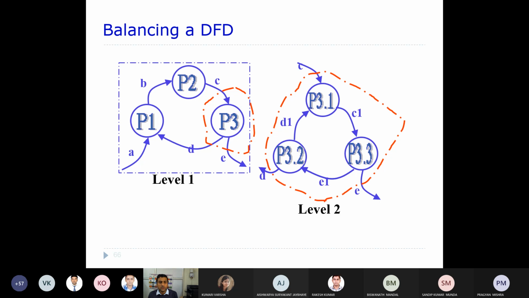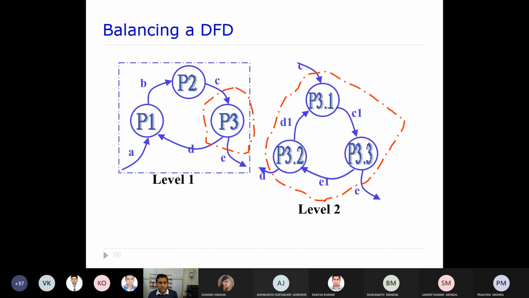So this is exactly what we try to do. Let's say in level 1, these are the 3 processings. Processing P1 takes input A, processing P2 may take input B. How many inputs go to processing 1?